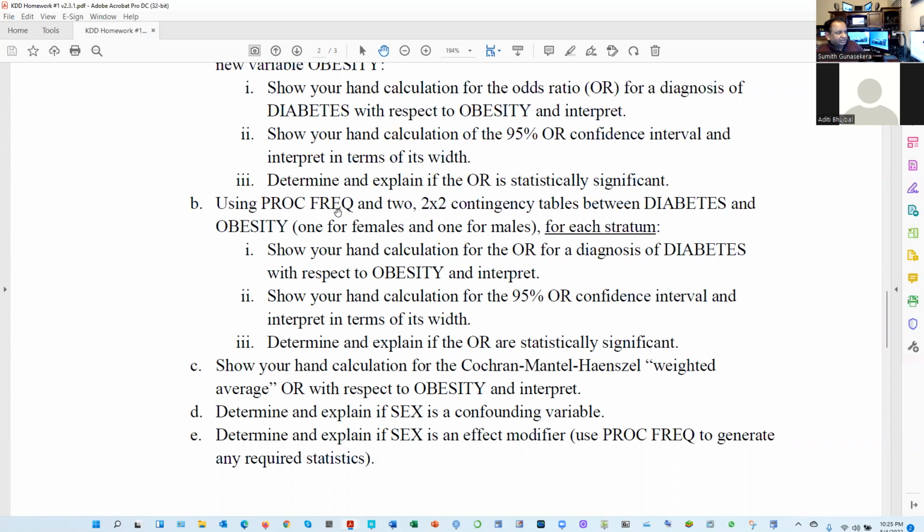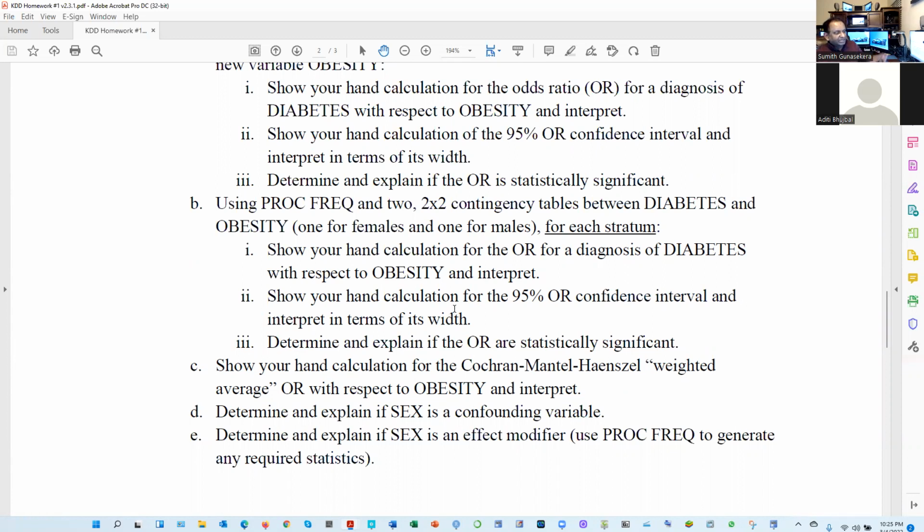Okay. Here, contingency table for each stratum. For each stratum, you can separately do that one. Weighted OR with respect to obesity and interpret. For this one, you're gonna say for each stratum separately, you can just do the diabetes versus obesity, and you know how to write the confidence interval.